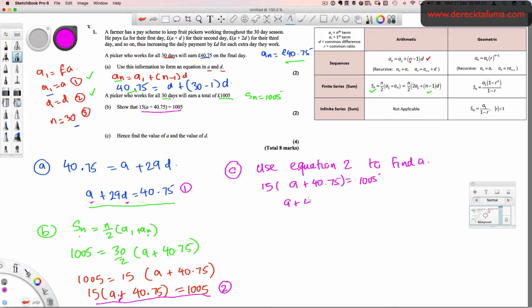So A plus 40.75 equals 1005 divided by 15. So A equals 1005 divided by 15 minus 40.75.